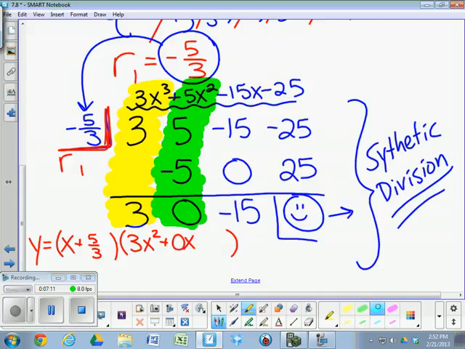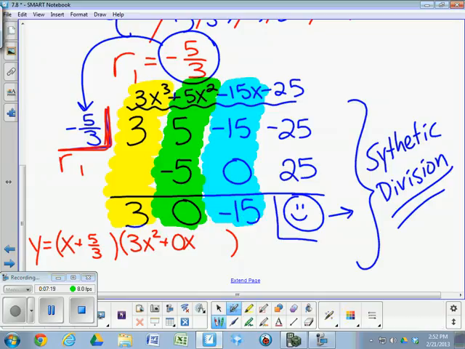And then the blue column began as the x column, and I'm going to explain the why right now. You divided out one of its what? One of its x's. So if it started as an x cubed, it finishes as an x squared.